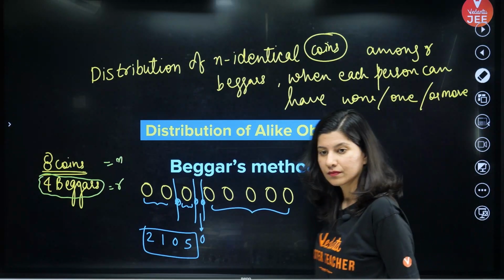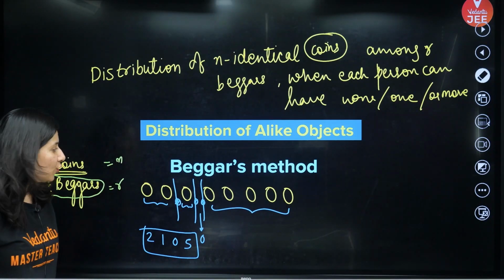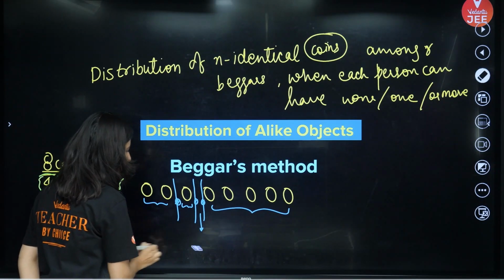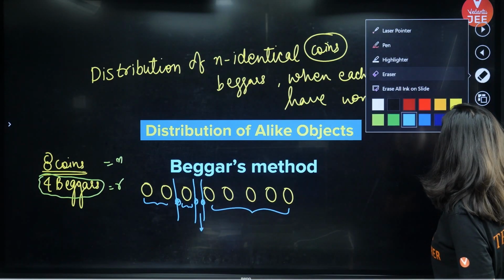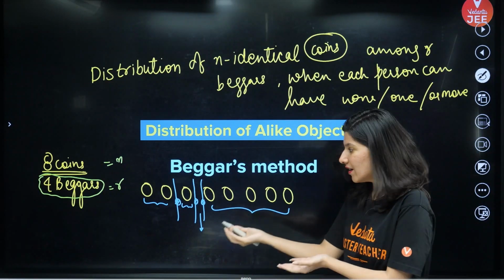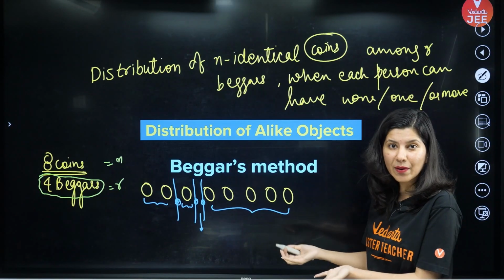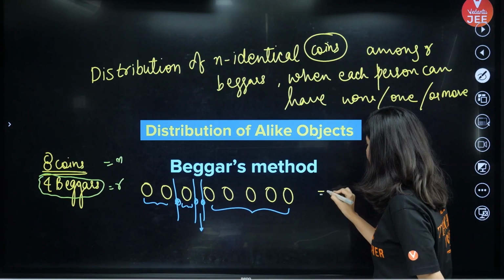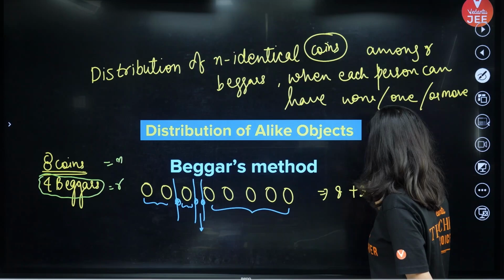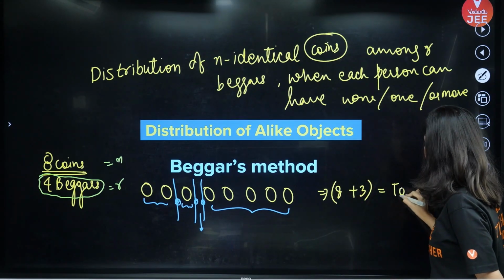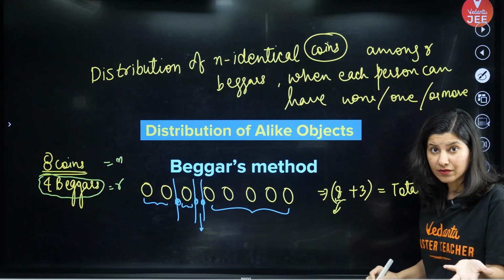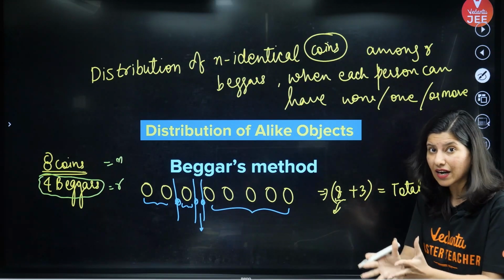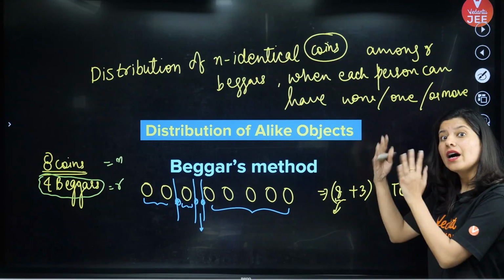Okay, perfect. But what is the answer, ma'am? We got the technique that this is working, but how do we get the answer? If I talk about adding 3 partition coins, there are total 8 plus 3 things, where 8 are identical coins and these 3 are other identical things.